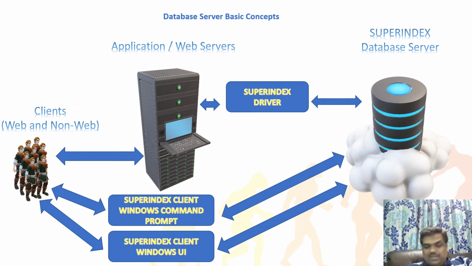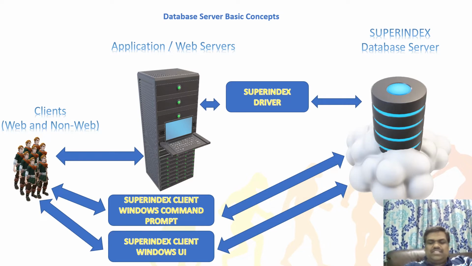In SuperIndex DB, we have two different types of clients. One is the Windows command prompt client, which is a bat file. You can install it on Windows and connect directly to the database server. These clients are not useful in the online production system.